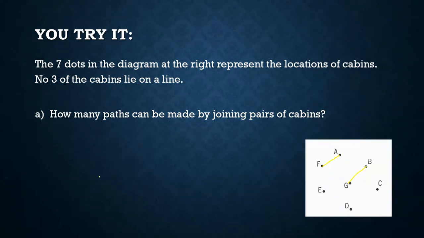But a lot like the handshake question, we have 7 different cabins, A through G, and to make a path, you're choosing 2 of them. And the path from A to F would be the same as the path from F to A. The order doesn't matter. We would use combinations here, and you can give this a try. 7 choose 2 is 21. There would be 21 different paths you can make.